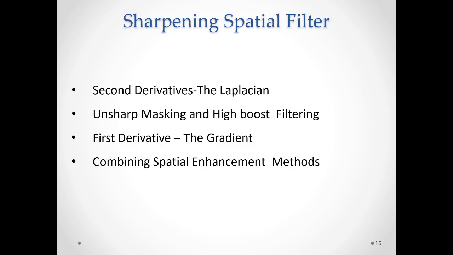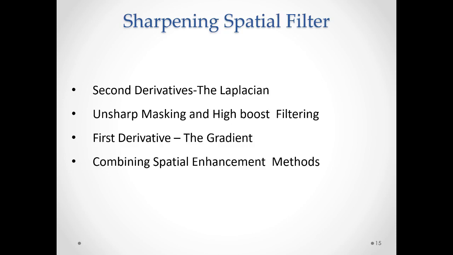So the basic objective is to highlight the details in an image or to enhance the detail that has been blurred. It has a wide variety of applications including electronic printing, medical imaging, industrial inspection and autonomous guidance in military systems.